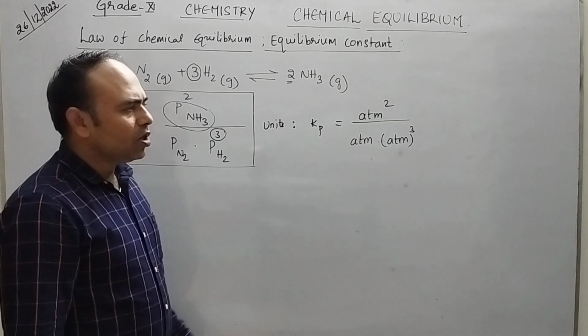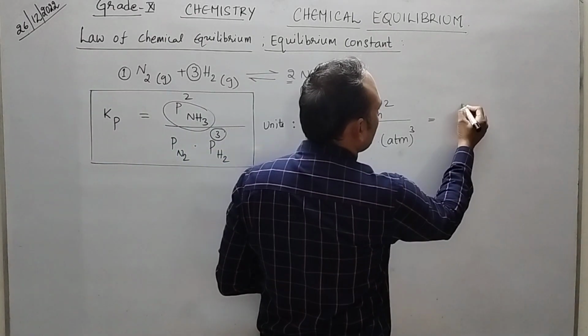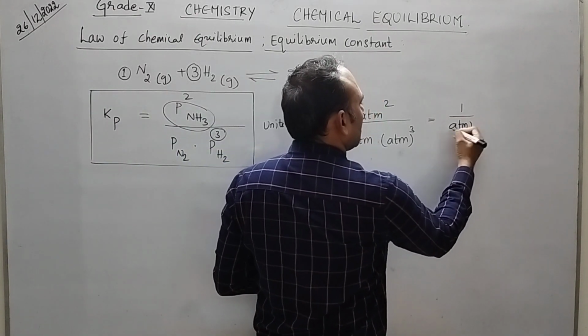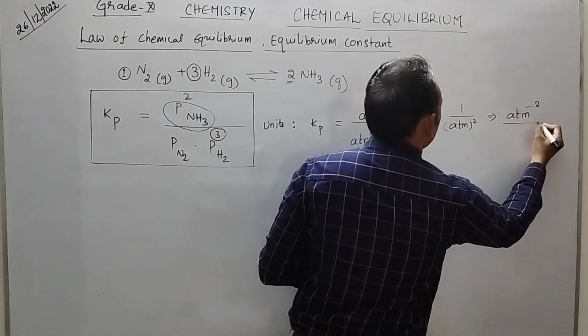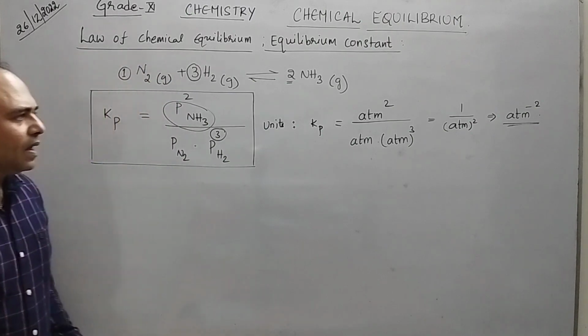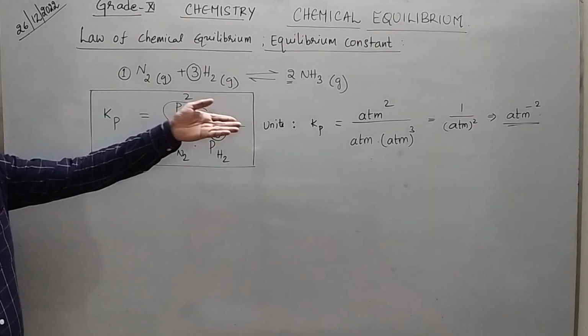Now once again you can cancel this and write it as 1 by atmosphere square, nothing but atmosphere to the power of -2. So this is the method of writing Kp as well as its units.